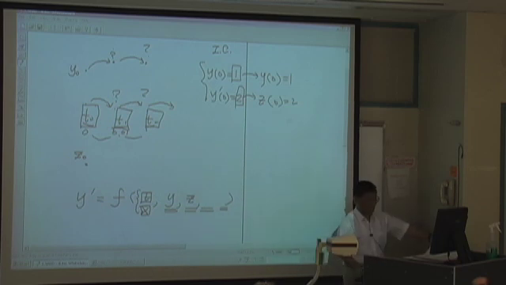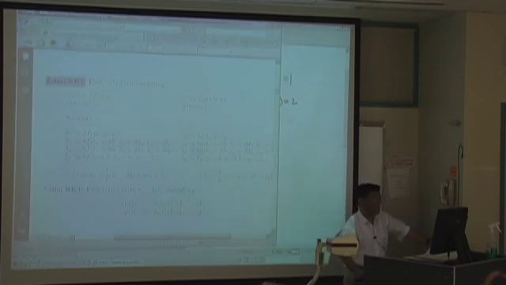As you can see here, the initial condition is given by the problem, right? With this condition, we start off, and from using y0 or x0, we can determine x1. Using y0, we can determine y1.